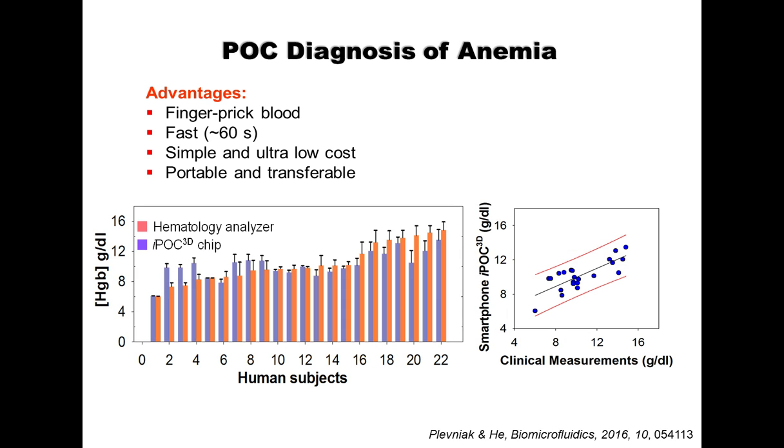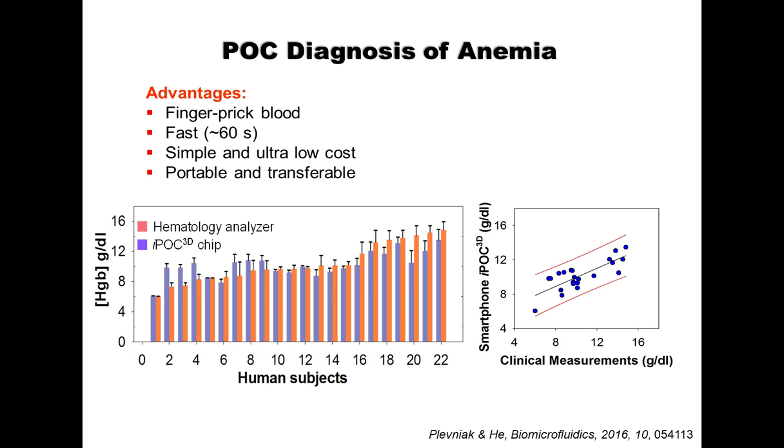So we developed this point of care diagnostics kit through simple 3D printing of the microfluidic chip, for detecting the hemoglobin from the finger prick blood. The mixing process is very fast, within 16 seconds, and the sample consumption is very low. It's portable and transferable.